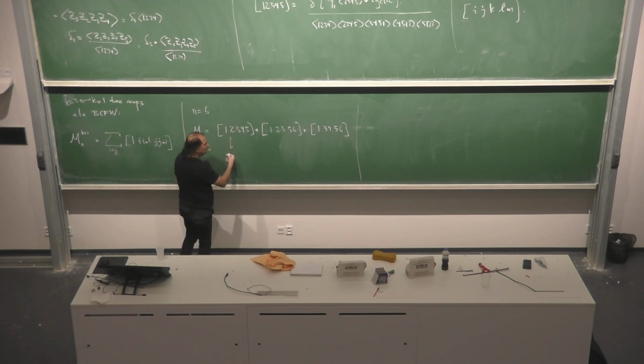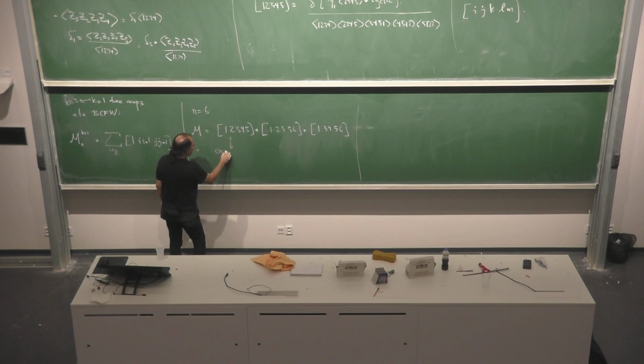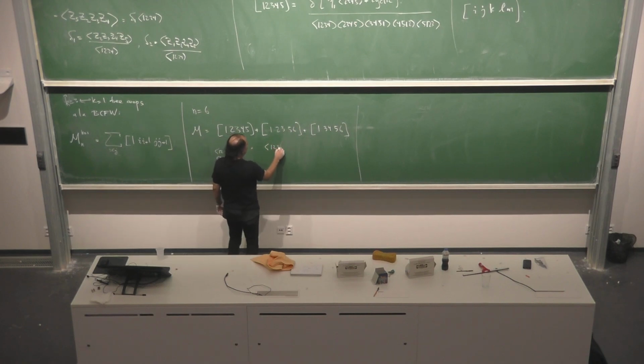Well, it's just the consecutive 4 brackets, right? So the poles this has are 1 2 3 4, 2 3 4 5, 3 4 5 1, 4 5 1 2, 5 1 2 3. Then for this term, 1 2 3 5, 2 3 5 6, 3 5 6 1, 5 6 1 2, 6 1 2 3.